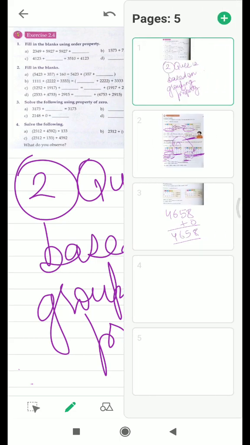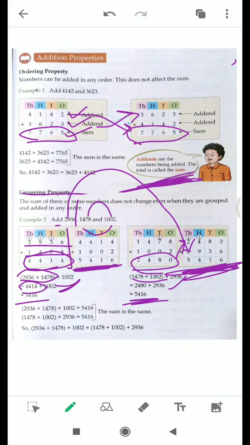Remember grouping property, we did this one. If you add first two, then you add third one, or you add last two, then you add first one, it doesn't change the final sum. It doesn't change the final sum, right?